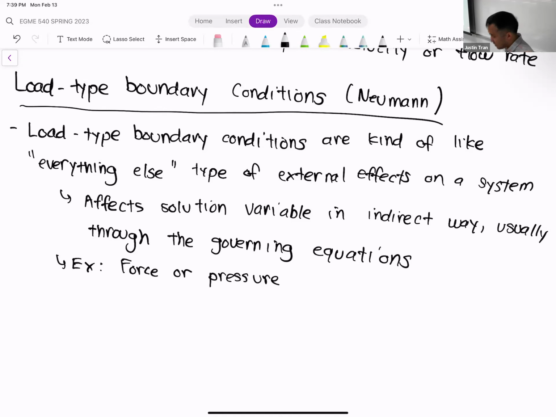It's going to cause a deformation. But the amount of deformation that it causes depends on the governing equations. It depends on how stiff the system is. It depends on the actual governing differential equation.